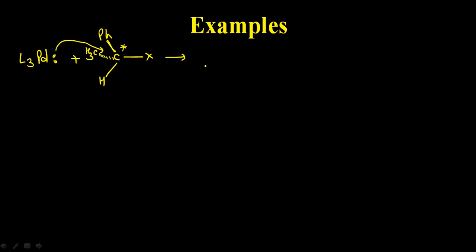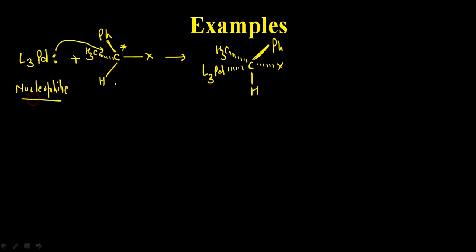We will get a 5-membered transition state, something like this. We have H at this position, methyl, and phenyl at this position, and the attack of the palladium metal complex, because it is acting as a nucleophile in this case, on the chiral carbon.